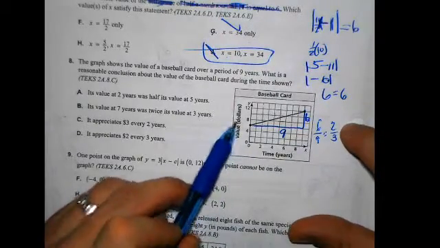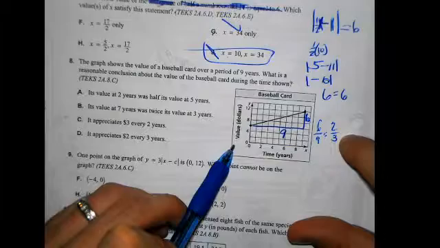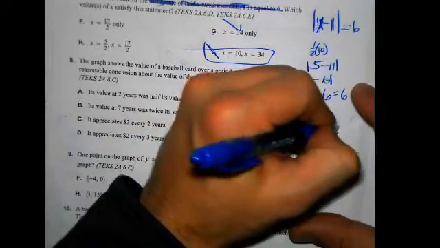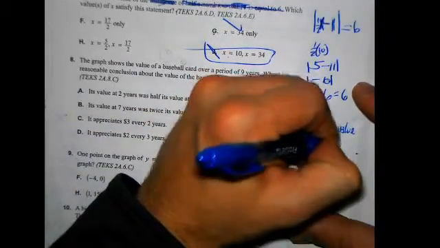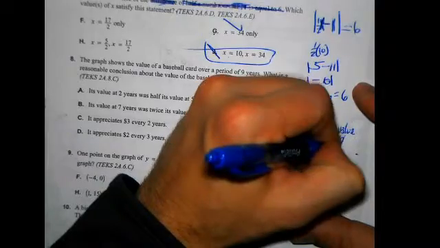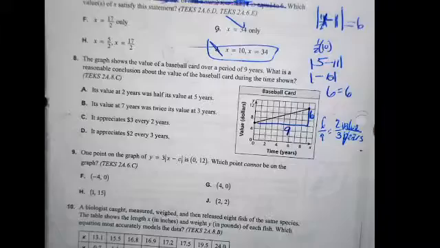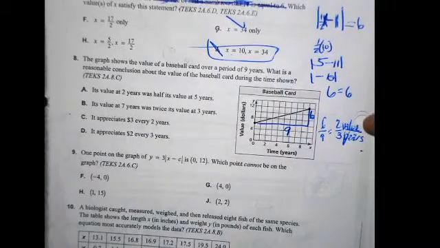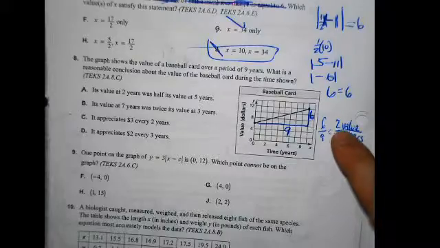So the value per year is what this is talking about. $2 of value per every 3 years. That's what the power of slope tells you. It gives you, just like in chemistry, the units along with your numbers, so you know what's going on with your rate.